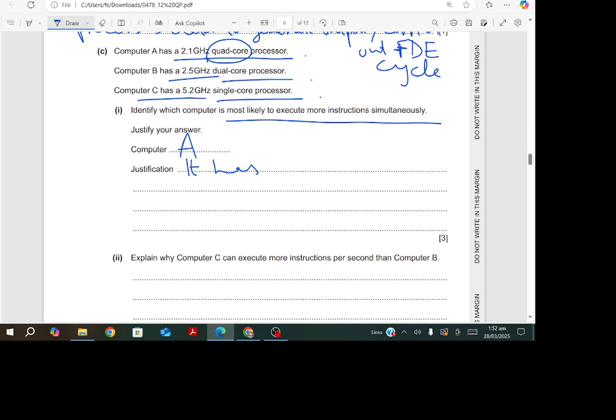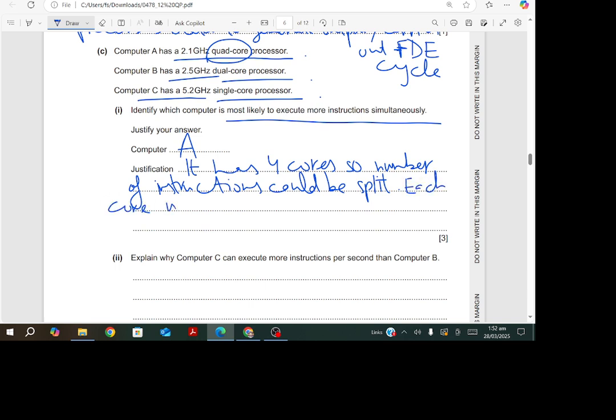It has four cores, so the number of instructions could be split, and also you can write each core will execute one instruction at a time.